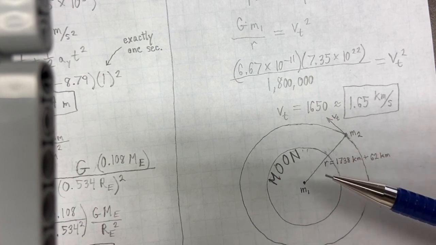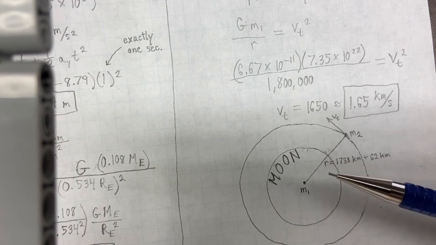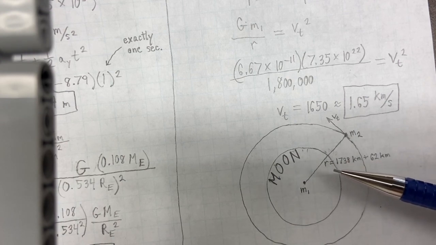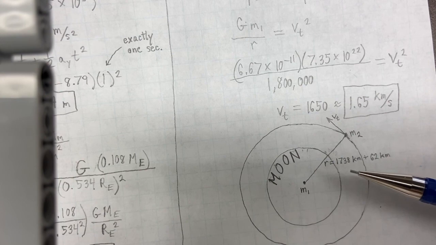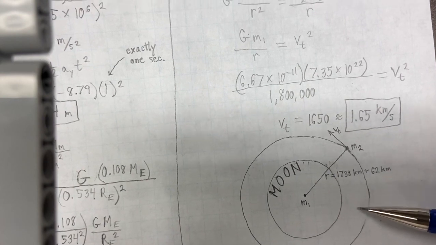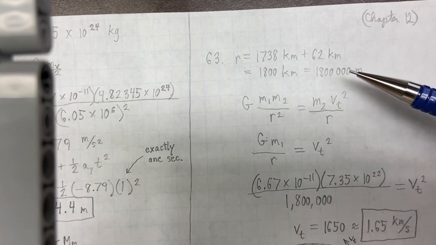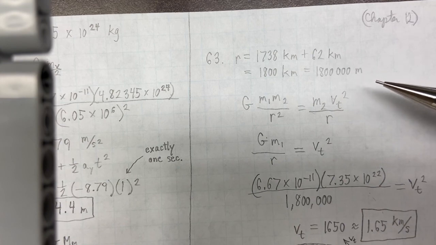And that altitude is a significant portion of the moon's radius, and therefore we can't neglect it. It's not negligible. So that has to be figured into our total R for this orbit. R equals 1738 kilometers plus 62 kilometers, which equals 1,800 kilometers, which equals 1,800,000 meters.